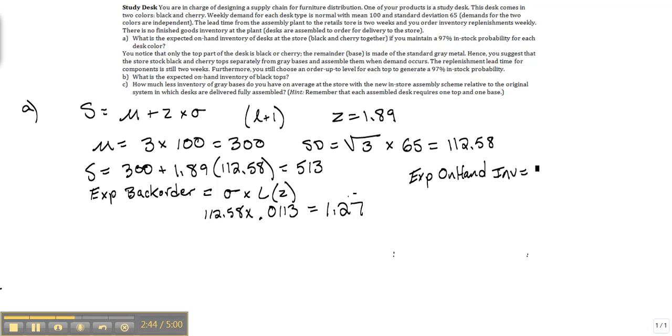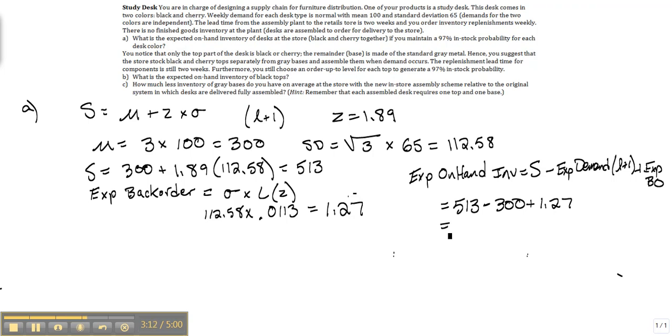Now, we know that expected on-hand inventory is equal to S minus the expected demand over L plus 1 periods plus the expected back orders. So that's equal to 513 minus our expected demand over the L plus 1 periods, which we saw to be 300, plus expected back orders of 1.27.